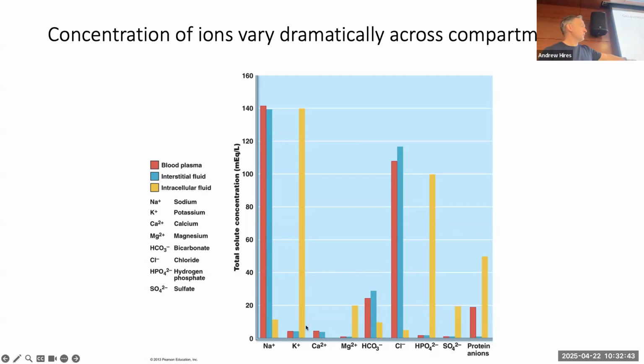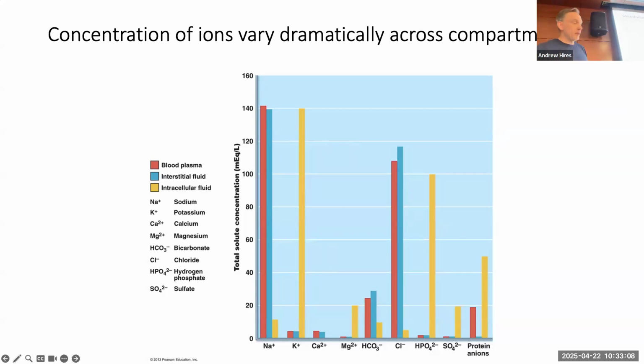The outside of the cell is a few millimolar, 3 millimolar, 2 millimolar. The inside of the cell is like 50 nanomolar. It's really a 100,000-fold difference in the concentration inside the cell and outside of the cell, which is going to make any calcium flowing into the cell cause a huge change in the concentration inside the cell. That's what's going to make calcium such an effective second messenger molecule.